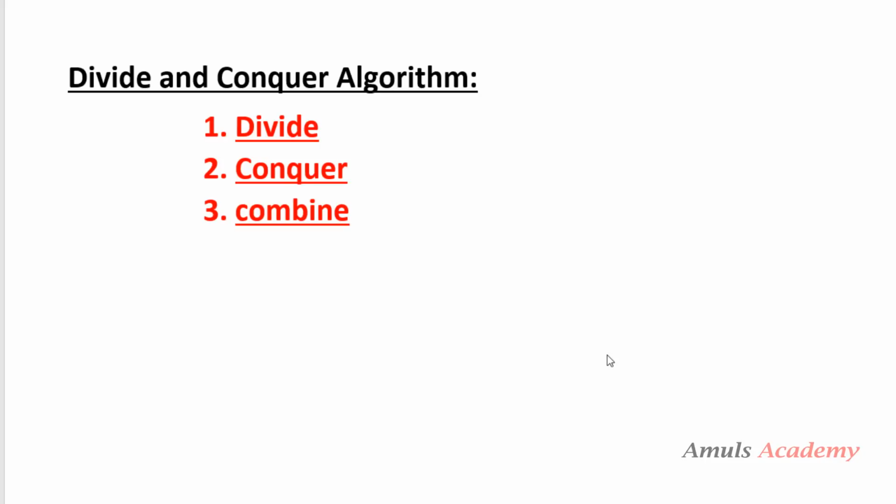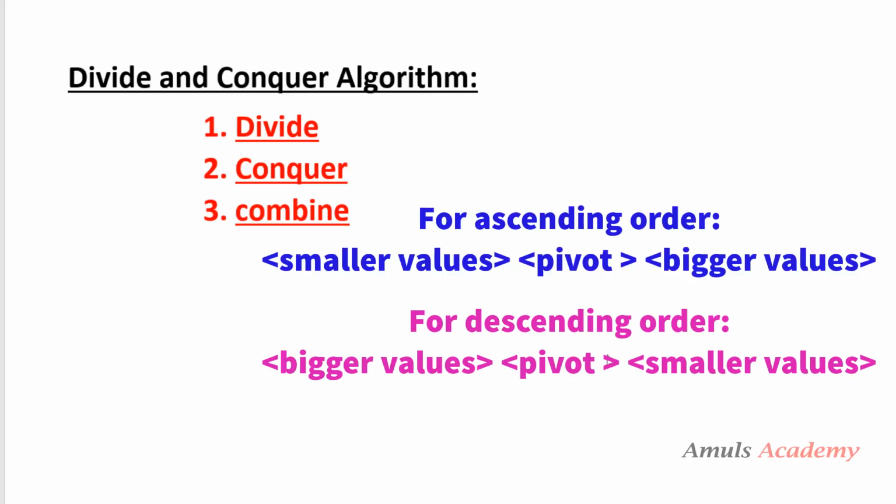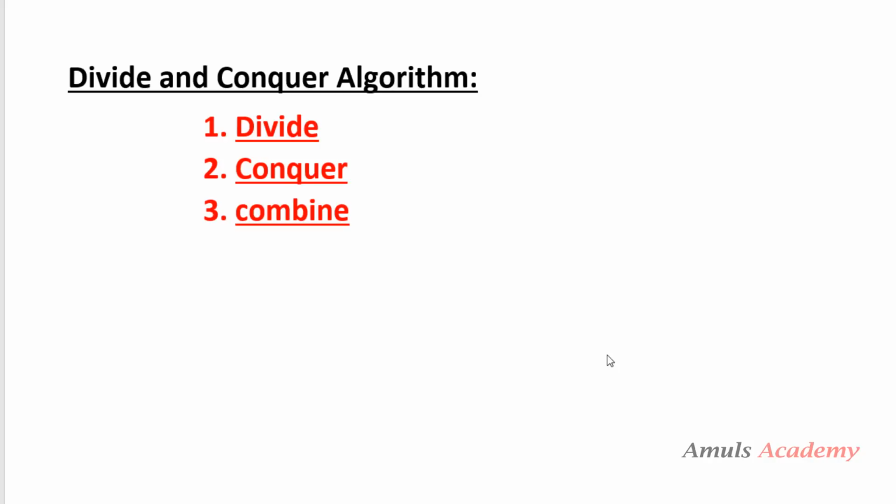The pivot element is an element which will divide the list in such a way that the elements smaller than the pivot element will be present to the left of the pivot element, and the elements greater than the pivot element will be present to the right of the pivot element. So we rearrange the list and divide it using the pivot element. How to select the pivot element we'll discuss later.